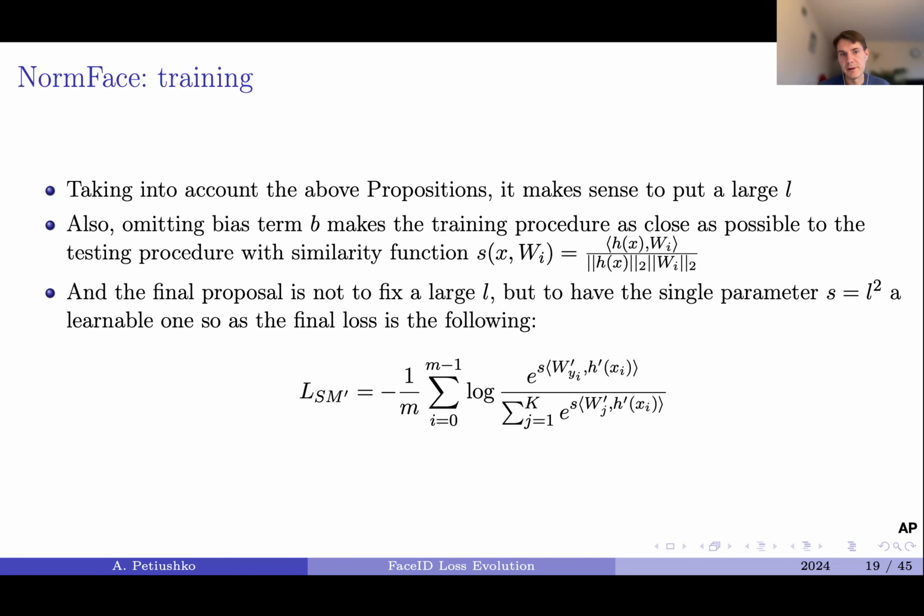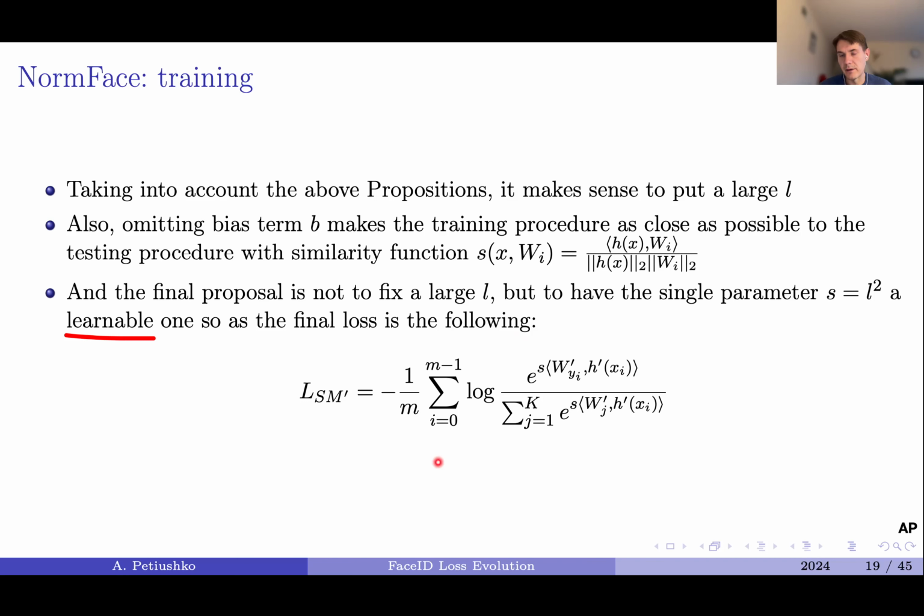And the final proposal here is not to fix a large L, but to have the single parameter S equal to L squared, and this parameter to be a learned one. So the final loss is the following.